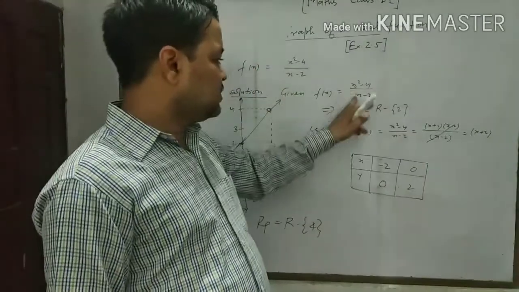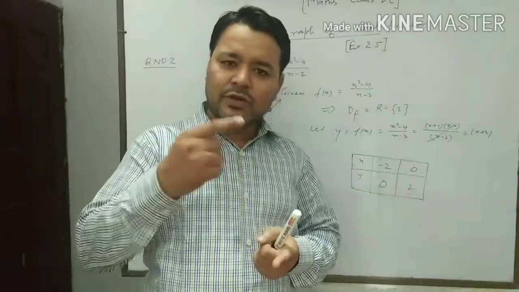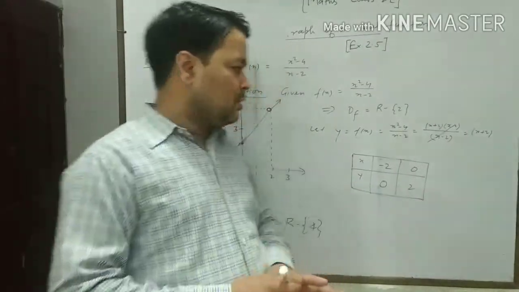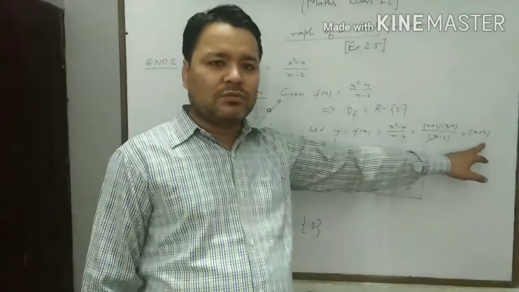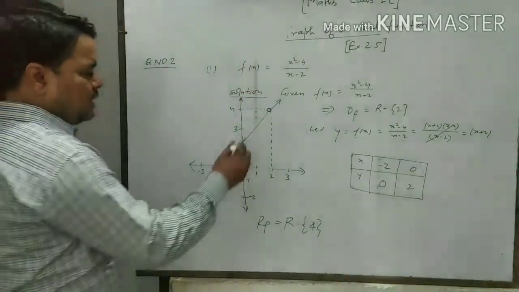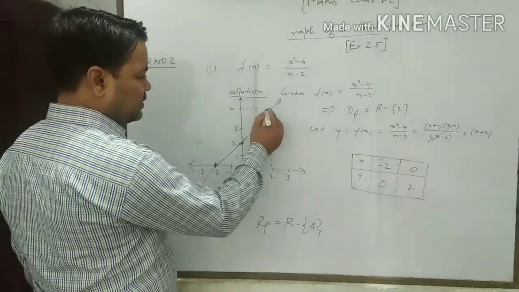But according to the definition of the function, we cannot take x equal to 2. Therefore, we are also not able to take y equal to 4. So x equal to 2, y equal to 4, we will not take this value.